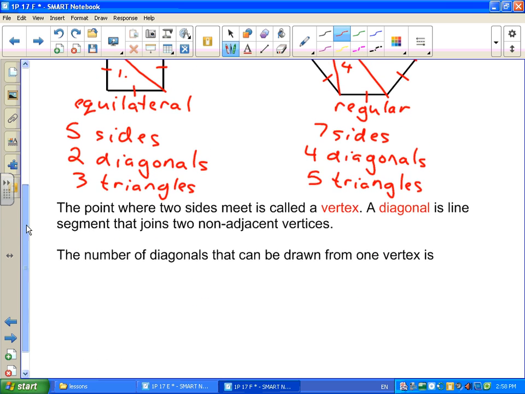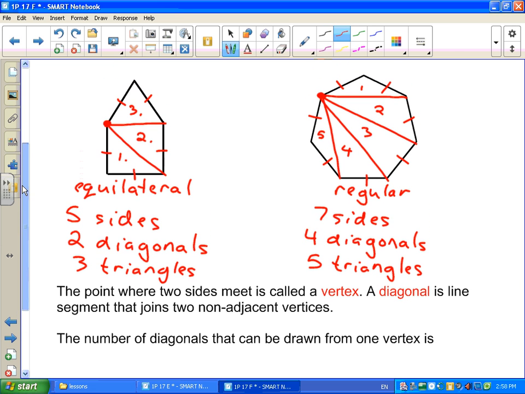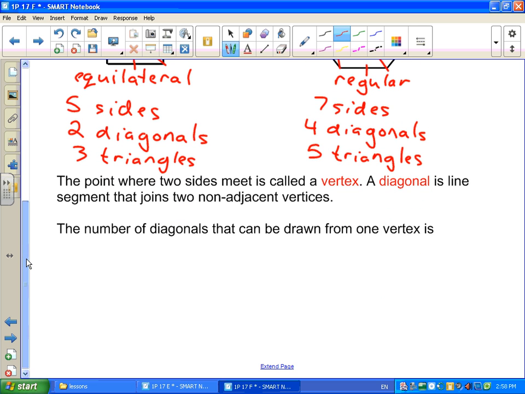So how many diagonals can I draw from one vertex? Well, if I had 5 sides, I could do 2 diagonals. Okay? And when I had 7 sides, I could do 4 diagonals. So the number of diagonals is always the number of sides minus 3.